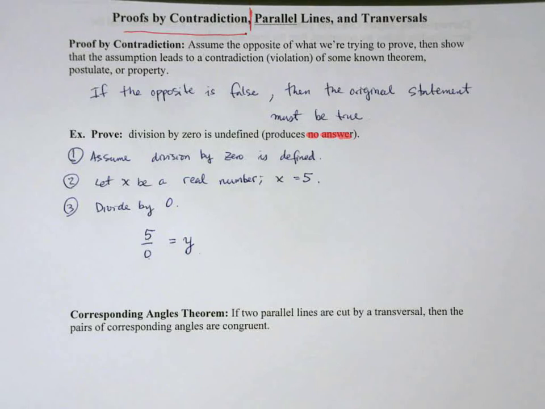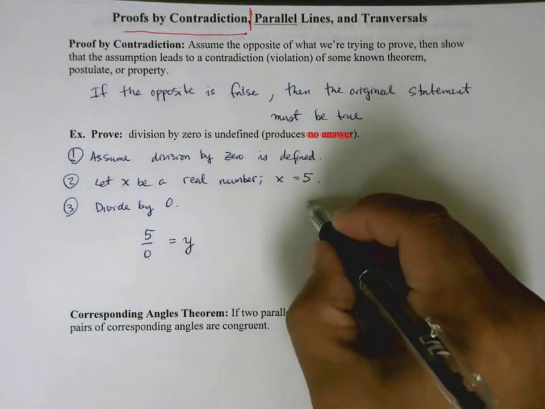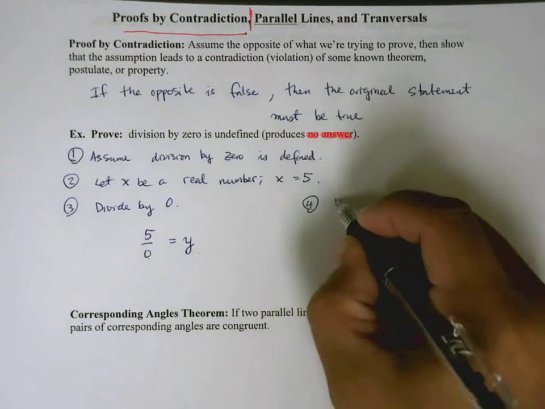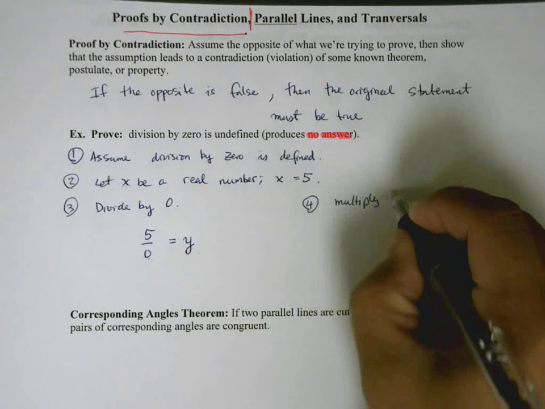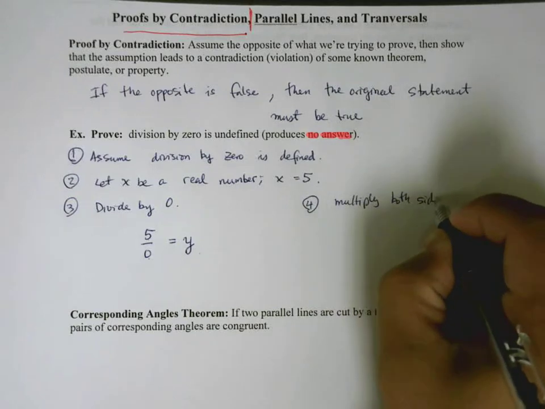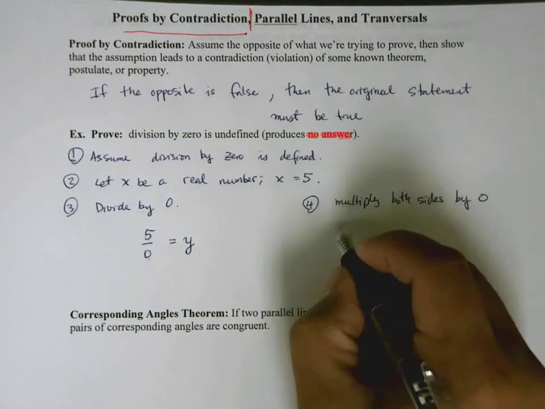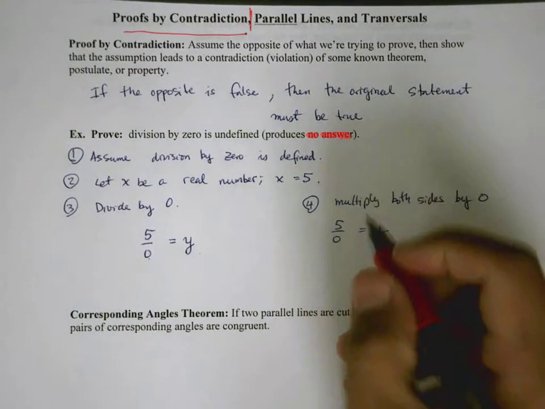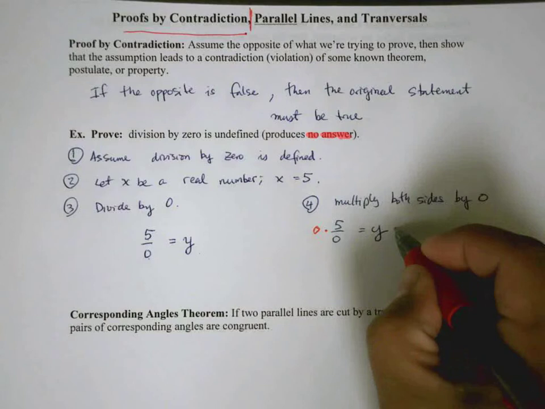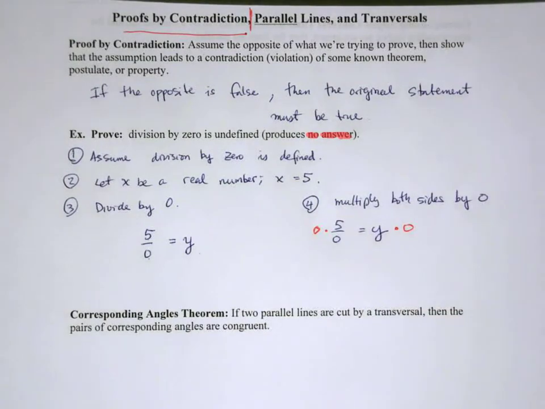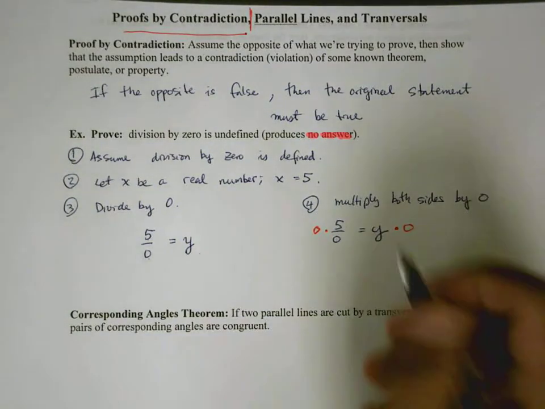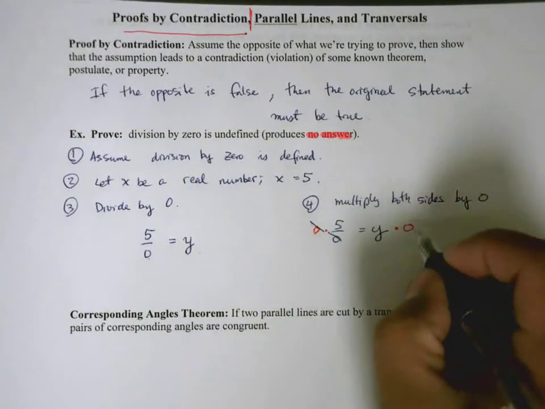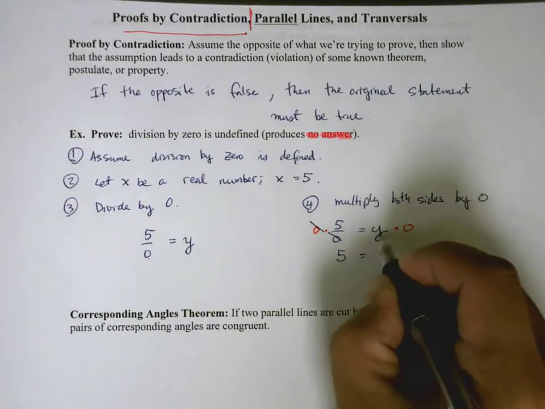And so here, there has not been any contradiction yet. Everything we've done so far is perfectly legitimate. But let's see what happens after that. In step 4, we're going to multiply both sides by 0. So we get 5 over 0 equals y, and then times 0 here, and times 0 over here. Now these zeros cancel. So we get 5 equals, and y times 0 is just 0.